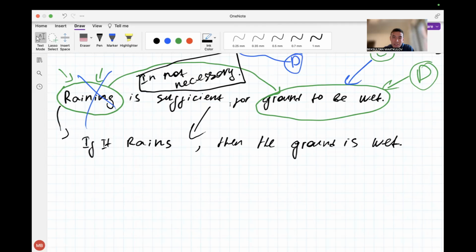Being a square, okay, this is like a must sentence. Being a square is a sufficient condition for having four sides. If the figure is a square, then it will have four sides.